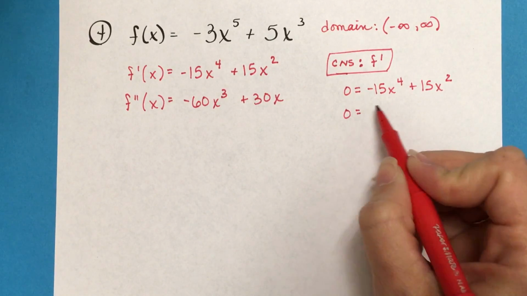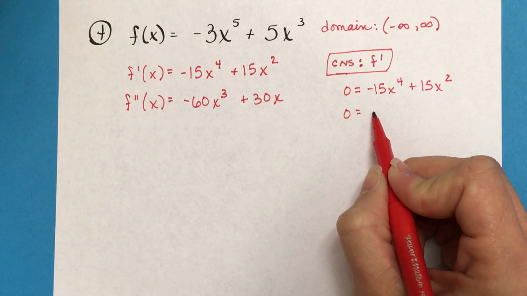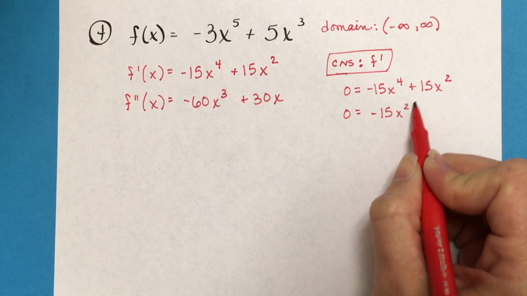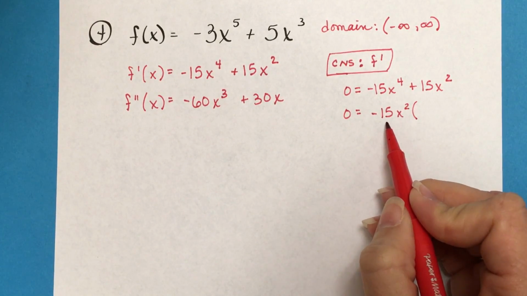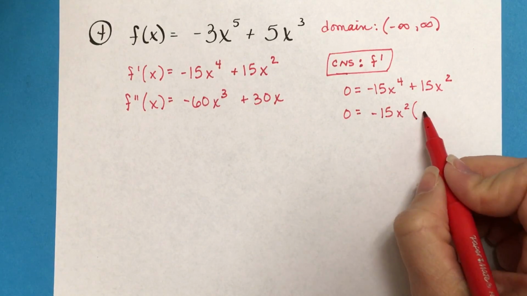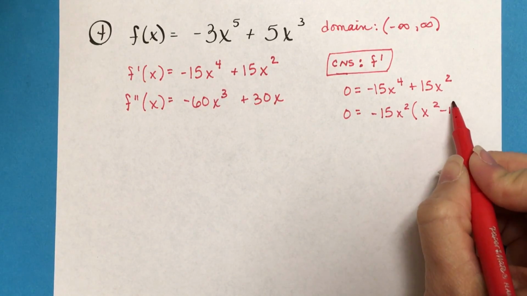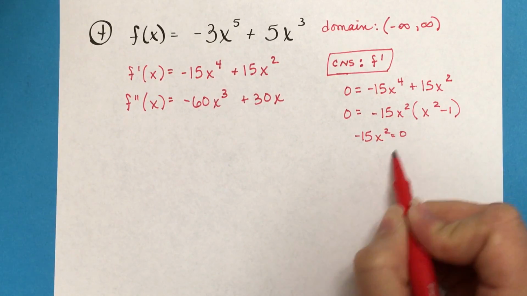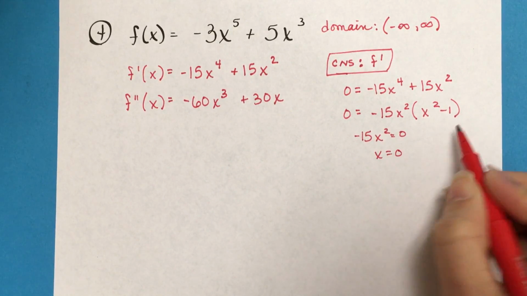Okay, I have a common factor of, and you could take out a positive 15 or a negative 15. It doesn't matter, but I'm going to go with the negative. So if I were to factor out negative 15x squared, then I'm left with x squared minus 1. So negative 15x squared equals 0 is going to give me x equals 0.